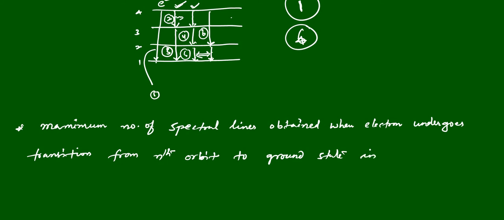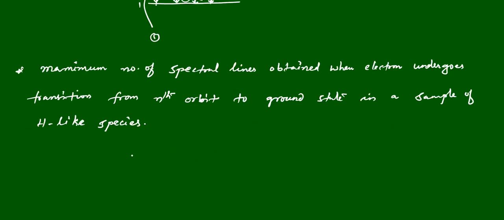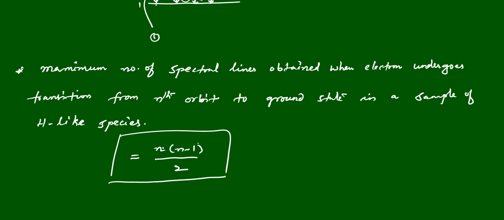This is in a sample of hydrogen-like species only. In that particular case, the number of spectral lines is equal to n(n-1)/2. Simple, this is the formula, where n is the number of the orbit from which the electron undergoes the transition to the ground state.